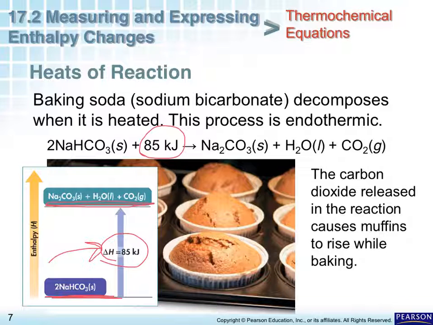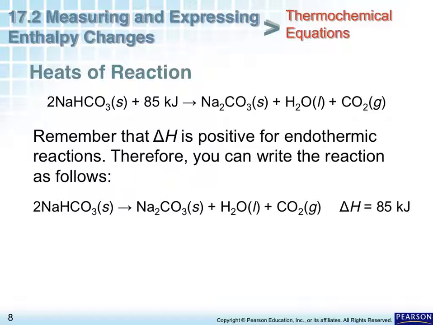So the carbon dioxide release is what causes our muffins to be beautiful. So a thermochemical reaction can be written either way. It can be written with the energy as either a reactant or product, or with the delta H off to the side. And if the delta H is off to the side, the sign matters. Positive for endothermic, negative for exothermic.